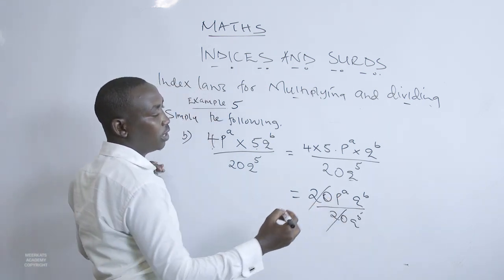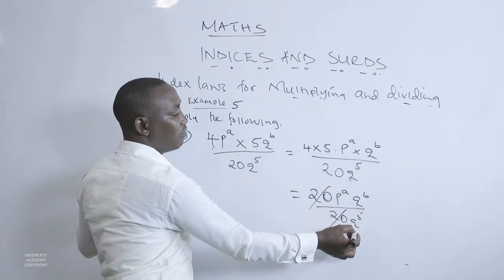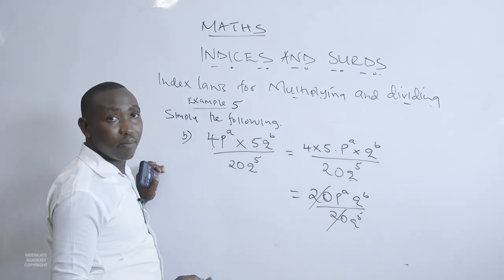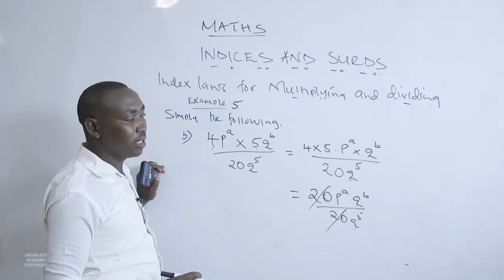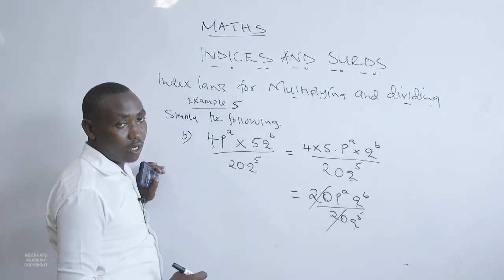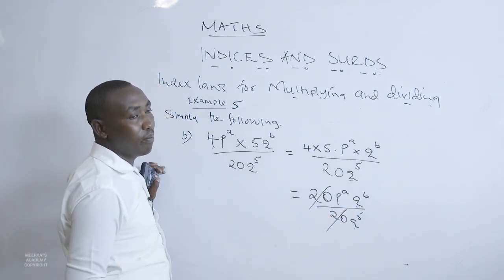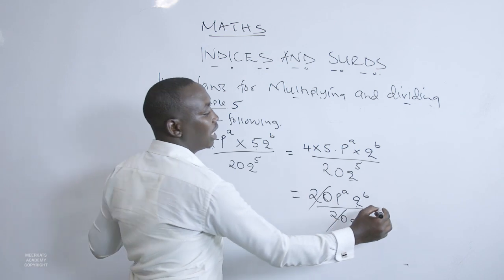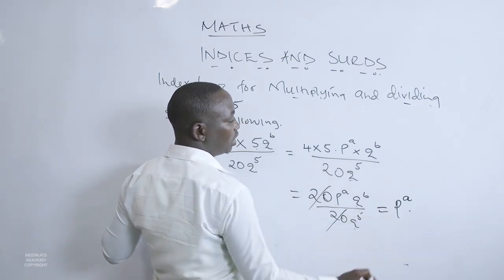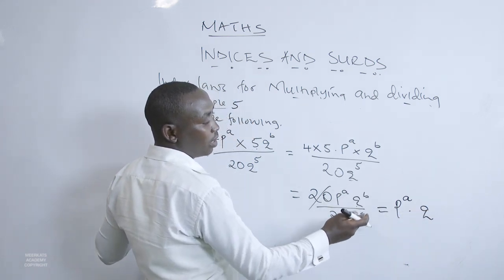This 20 and 20 are going to cancel off. Then we have got same factors of Q. The first one is raised to B, the other one is raised to 5. And then the rule there is division. Therefore, we're going to use the division rule to solve the part involving Q. But P will remain as P raised to A. We multiply by Q raised to B divided by Q raised to 5.